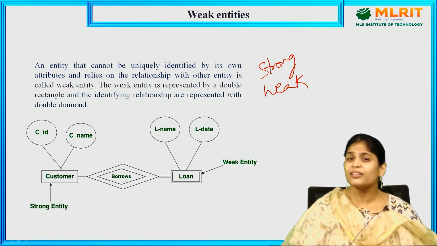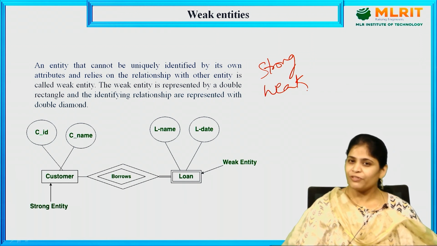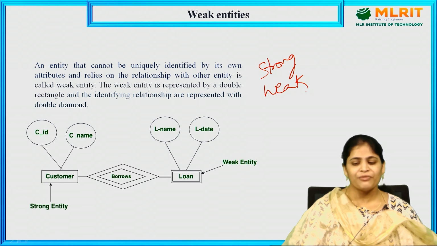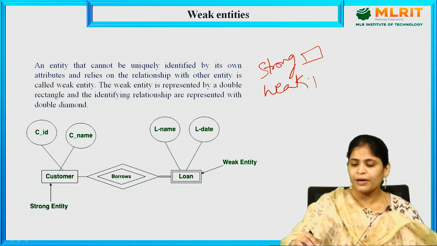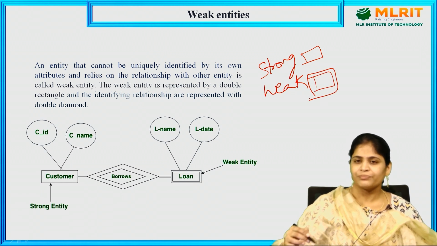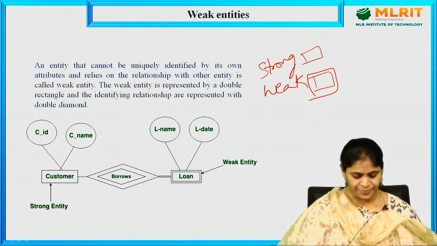The entity set that doesn't contain any primary key and depends upon some other entity to be defined uniquely is called a weak entity. The strong entity is represented by a single rectangle and the weak entity by a double rectangle. The relationship between a strong entity and a weak entity is called an identifying relationship.